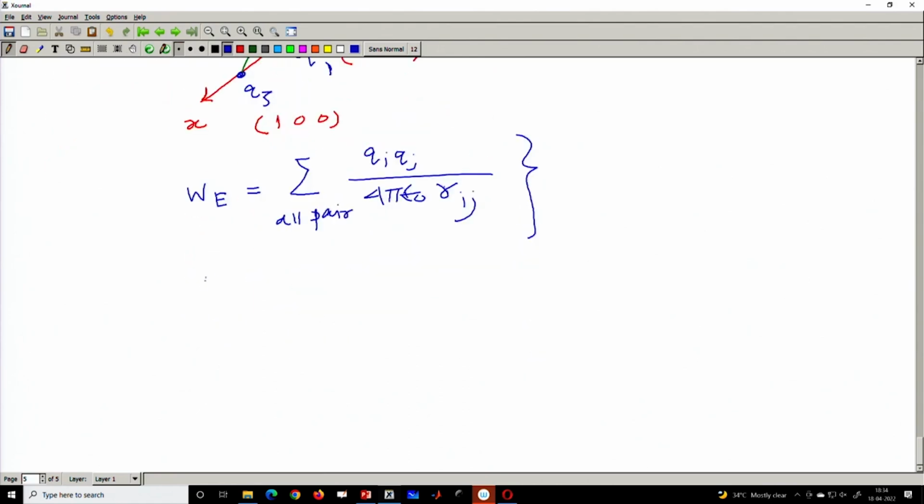One pair is q1 q2, another pair is q2 q3, and another pair is q3 q1. The distance between q1 and q2 is 1.